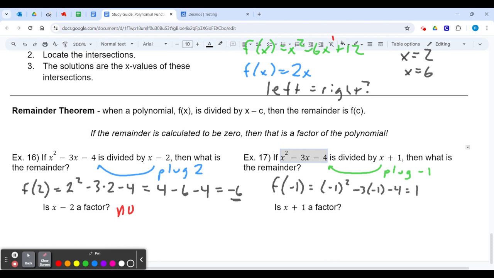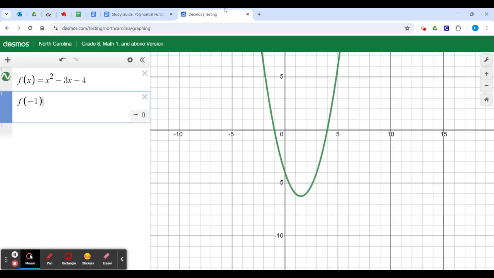That will give us +1 plus 3 minus 4 equals 0. So that's our remainder, in which case x plus 1 is a factor. So if we look at the graph there, we should be able to see that as well, where at a value of -1, my graph zeroes out. So that means that x plus 1 is a factor there.